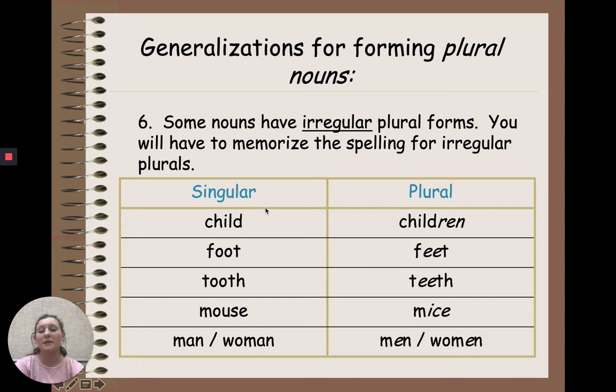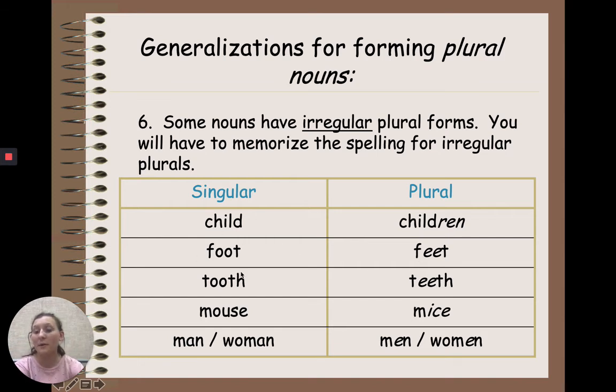But when we're talking about multiple, we have to change it to children. So again, there really is no rule for the ending. These are just ones that we just kind of have to memorize. Again, that's why they're called irregular plural nouns, because the endings are completely different for all of these.